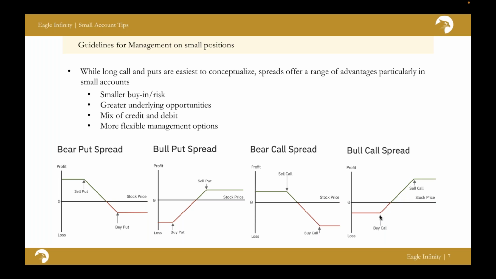So we could sell this $100 call and buy the $105 call. So let's say we're able to sell the $100 call for $7 and we buy the $105 call for $2 or $2.50. So that means we just collected $4.50.